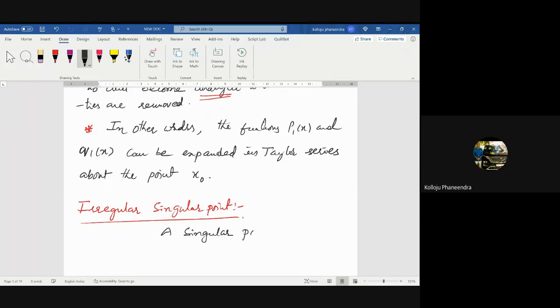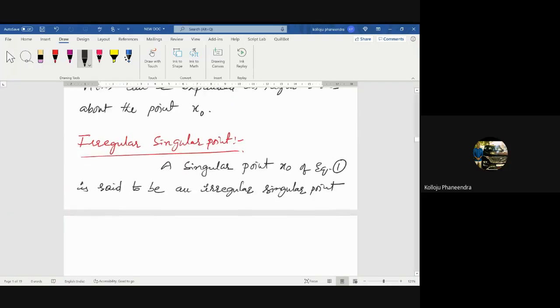That's it. A singular point x naught of equation 1 is said to be an irregular singular point if and only if x naught is not a regular singular point.